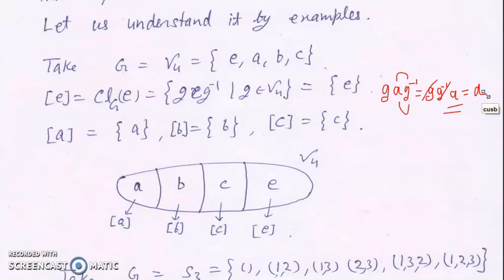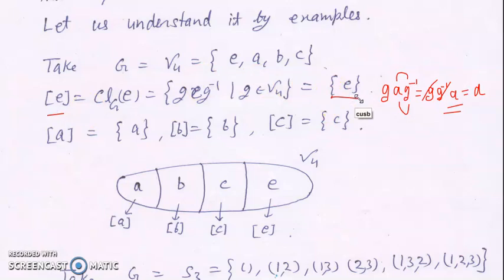So for each element in V4, if you determine the conjugacy class, because it is abelian, we will get the same element in that class. The conjugacy class of A will be A, conjugacy class of B will be B, conjugacy class of C will be C, and similarly the conjugacy class of identity will be identity. And as you know, identity commutes with every element.